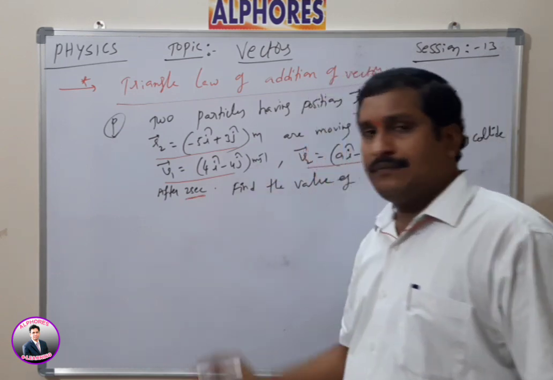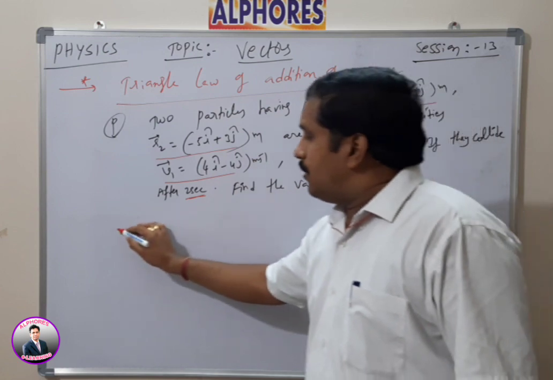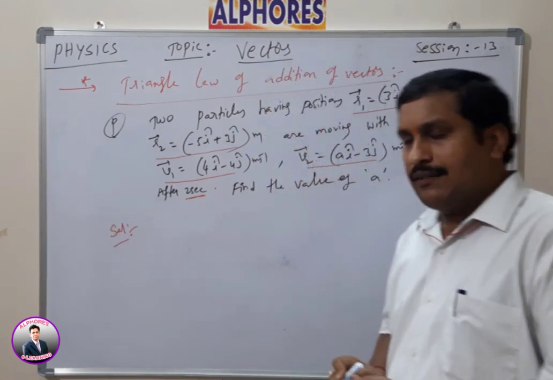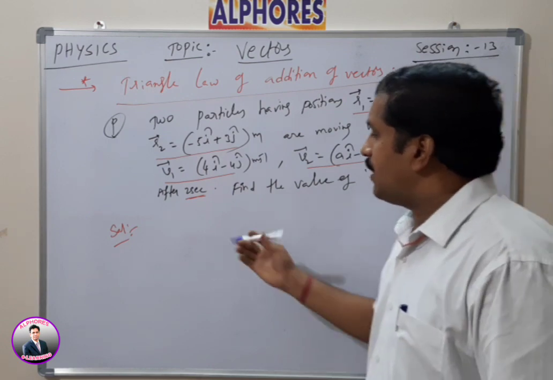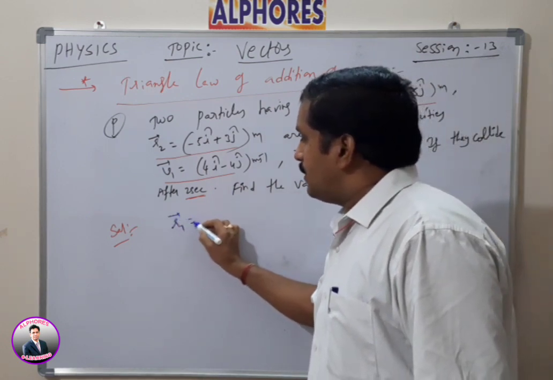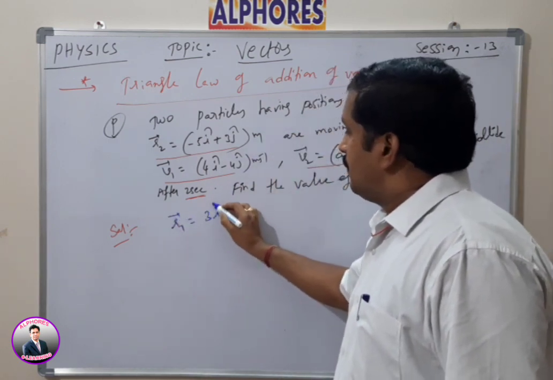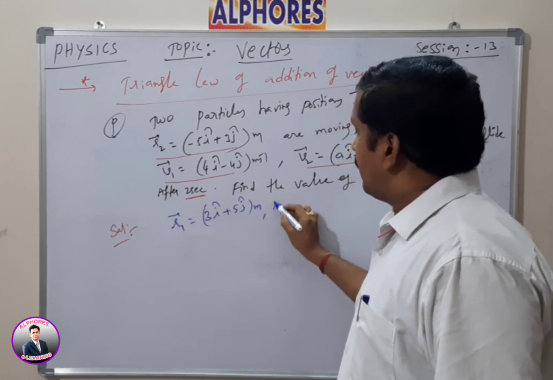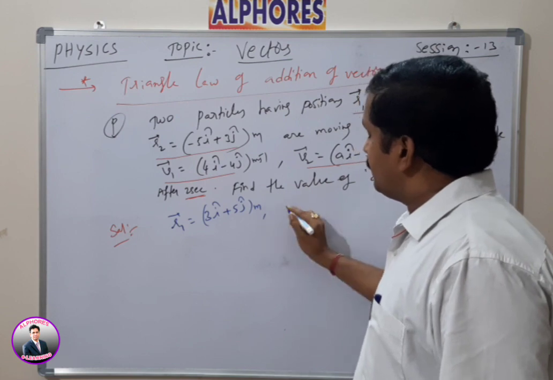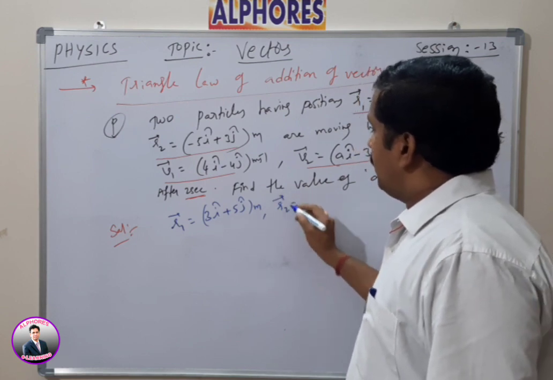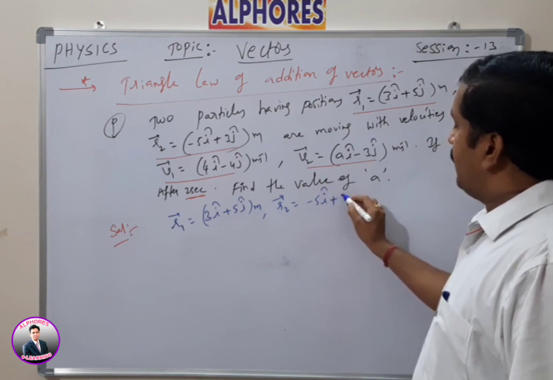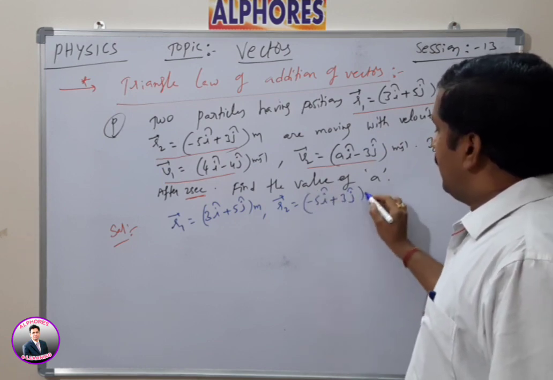2 seconds given. Now in order to go through the solution, first I have to write the data given in the question. Here I am writing, r1 bar is equal to 3i cap plus 5j cap meter. R2 bar is equal to minus 5i cap plus 3j cap meter.